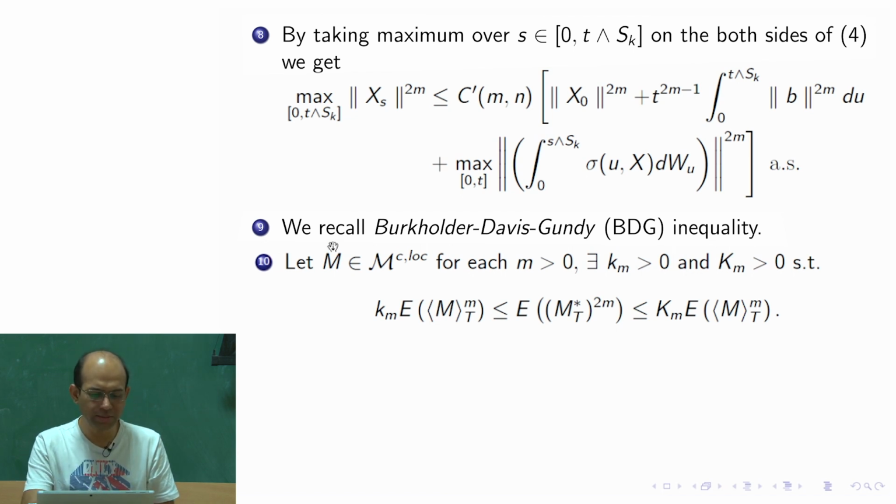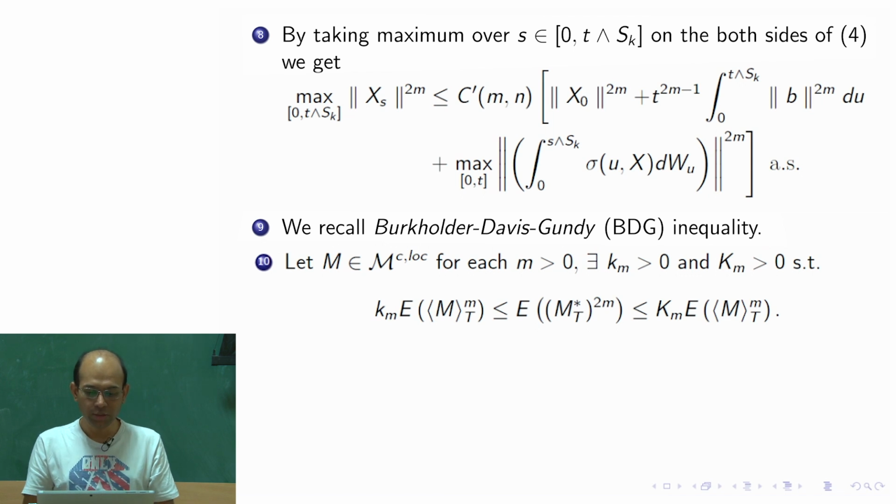This BDG inequality says that if we have a continuous local martingale M, then for each small m positive there exist positive constants small k_m and capital K_m, such that this expectation can be upper bounded and lower bounded by some constant times the expectation of the mth moment of the quadratic variation at capital T.